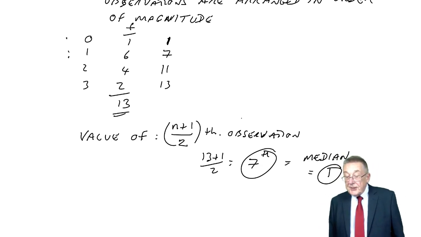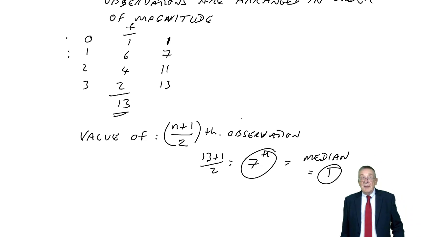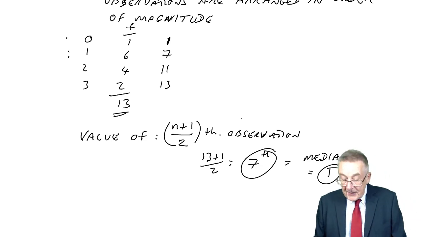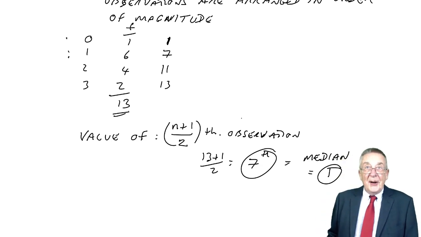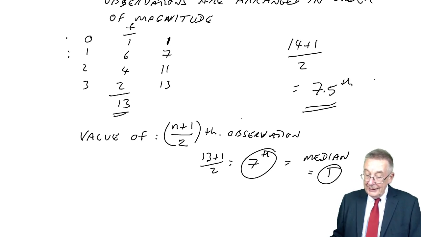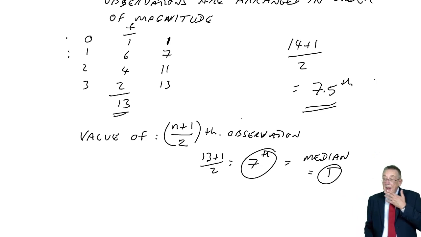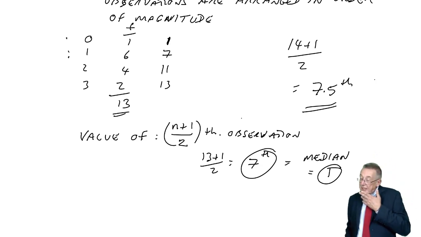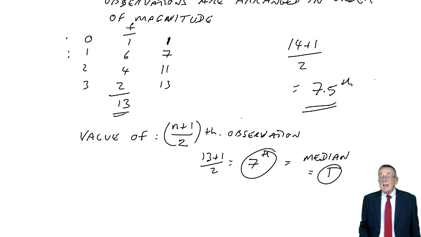I did say, some of you might be thinking, what happens if it was an even number? Suppose there were 14 observations. Then we want the value of 15 divided by 2, the 7.5th. It becomes a bit silly here, and I don't think this would happen in the exam.